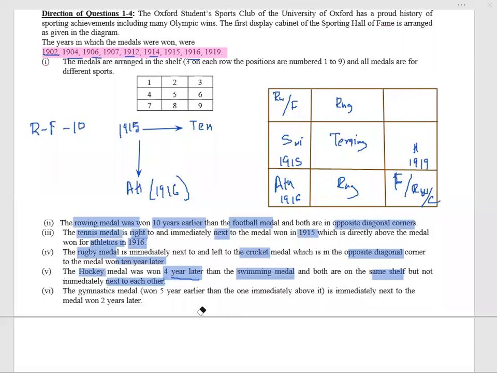Cricket is fixed here, rugby is fixed here, hockey is here. So this one is not a position for rugby, and this is left for rowing and football. What game is left? Gymnastics. This must be gymnastics.